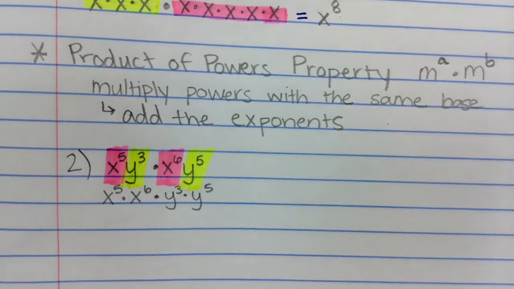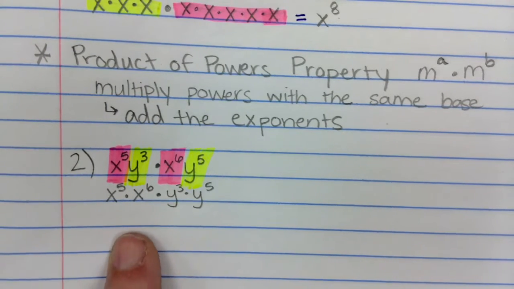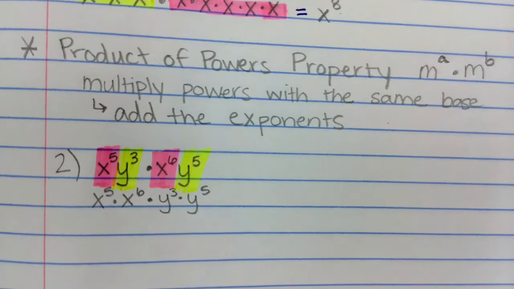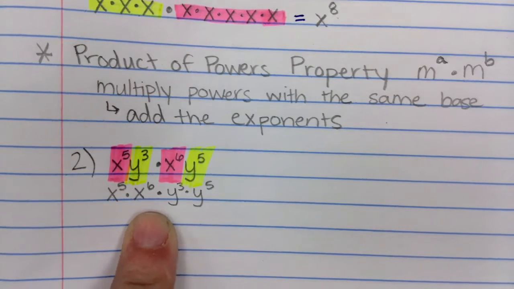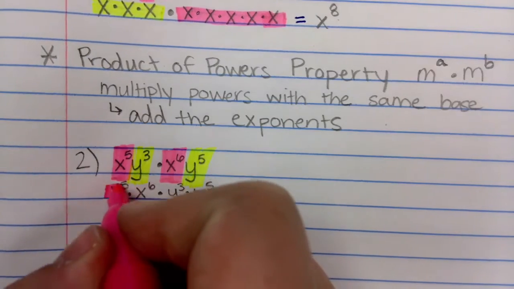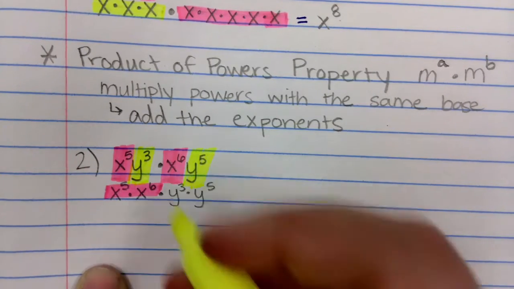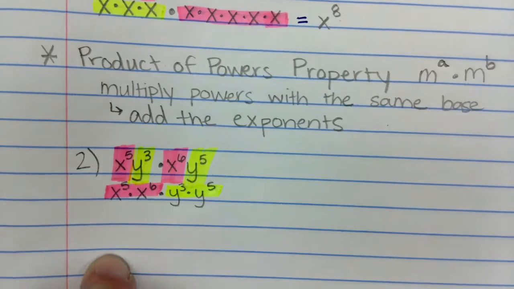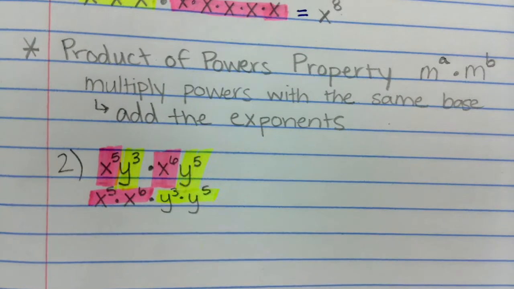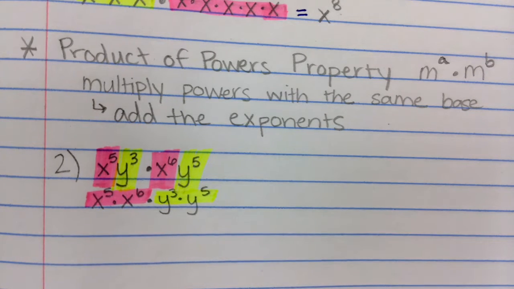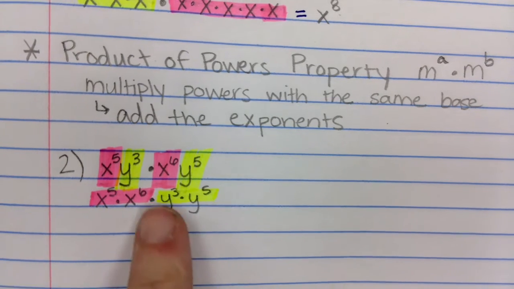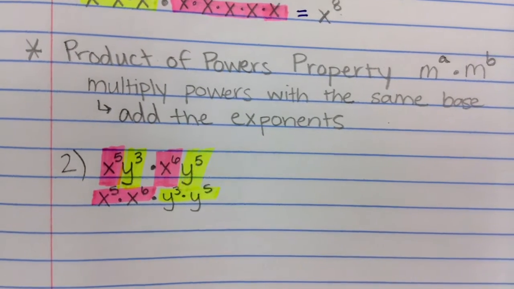Now this part you probably aren't going to need to write that down every time. You might, but you probably don't need to. You might be doing this part in your head. It's good for our notes though to write it down. So that way when we get to harder problems, you can look back and be like, oh yeah, that's what we were thinking. How do we know that we could say that x times that x and that y times that y? Because in our first example, I only see multiply one time. I see one dot. But when we moved it down, I see it 3 times.